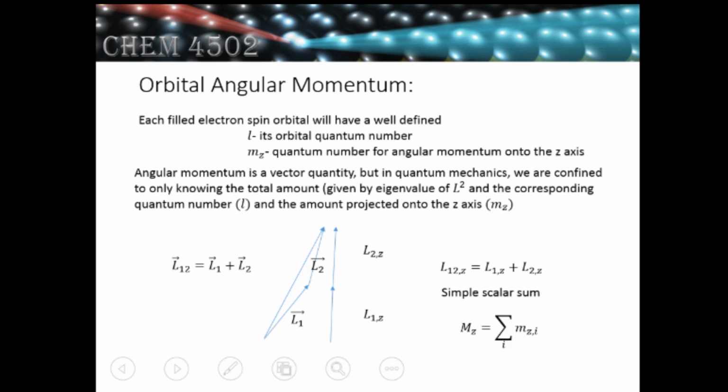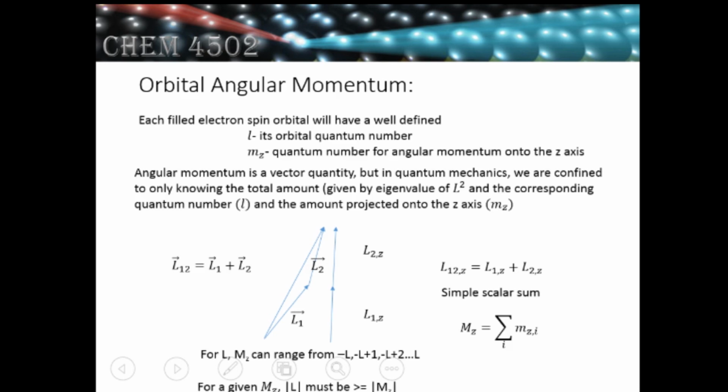Okay, so if we're going to do an example here where we have two electrons in two different states, right? When we want to get our total angular momentum L, we need to add these two vectors together. And the magnitude of that new vector is not going to be the simple sum of the length of L1 and L2. And so they don't add together like scalars. The component along the z direction, however, does add like a simple scalar.